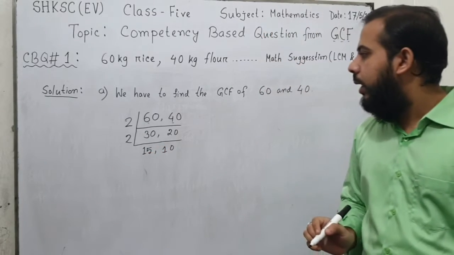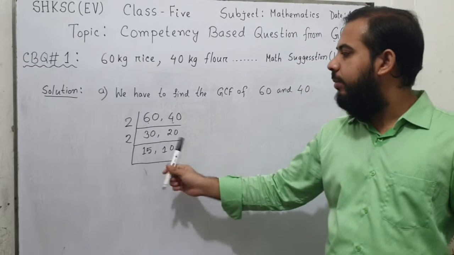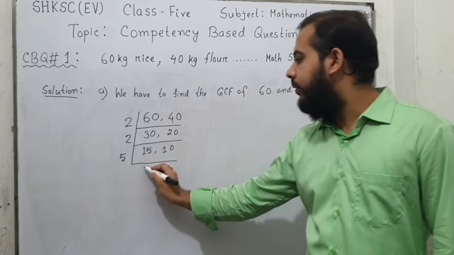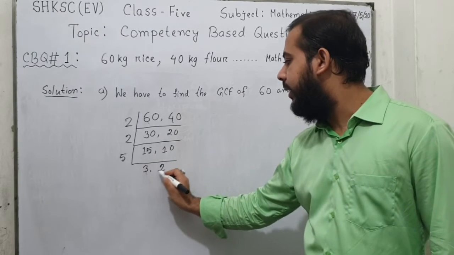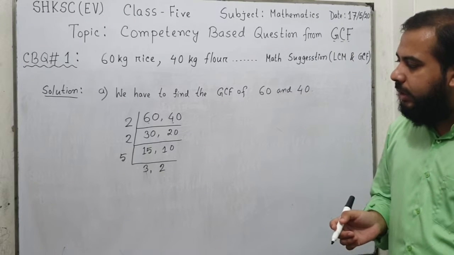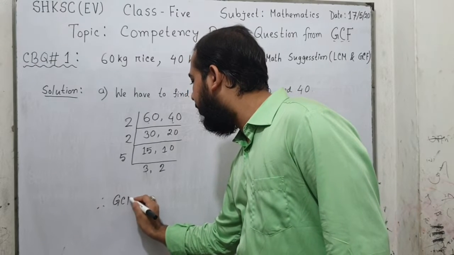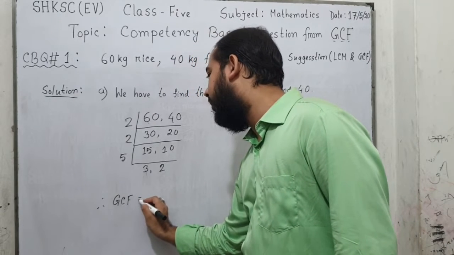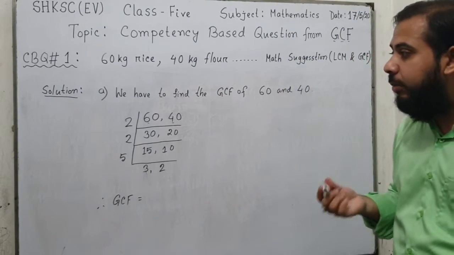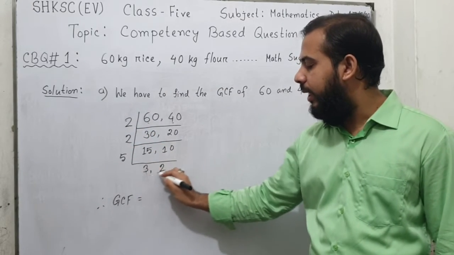Now we can find that both numbers are divisible by 5. 5 3s are 15 and 5 2s are 10. So we cannot find another one. So, in the previous syllabus, when we found LCM, we multiplied all these numbers, including the bottom line numbers also.